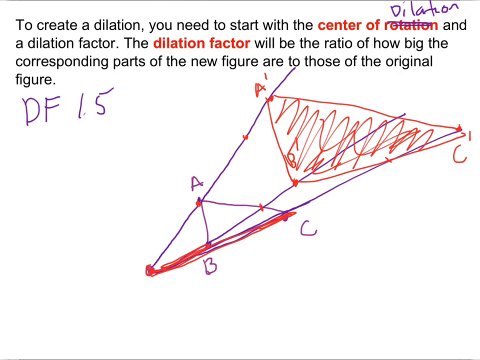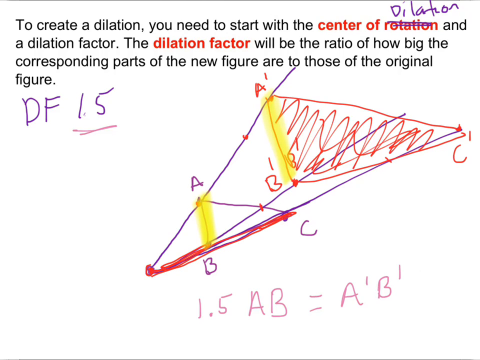And what I know about dilations is that when I look at the corresponding sides, so the side AB and the side A prime B prime, since the dilation factor is 1.5, I know that side length AB, you need to multiply by a factor of 1.5 to get the measure of side A prime B prime. Likewise with the other sides.